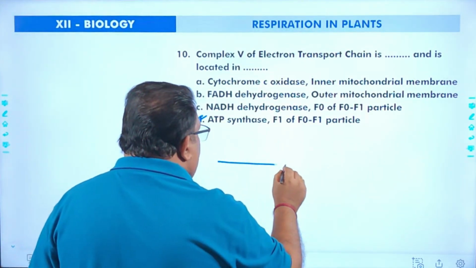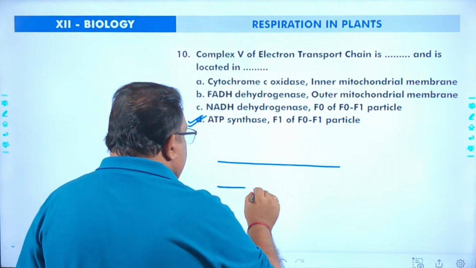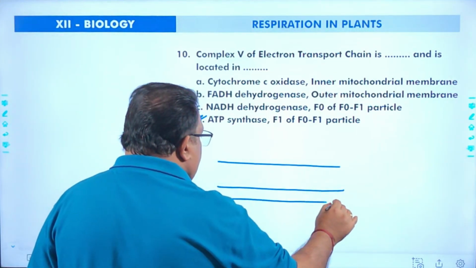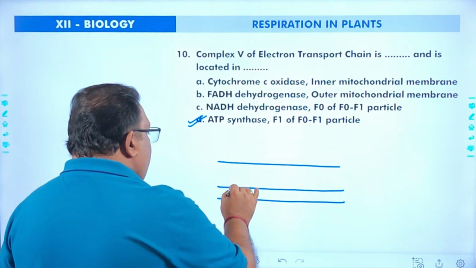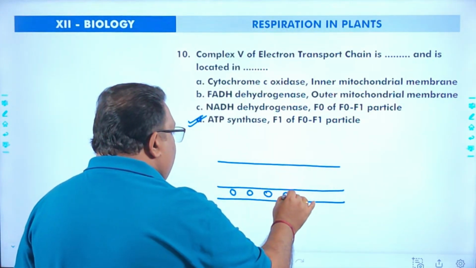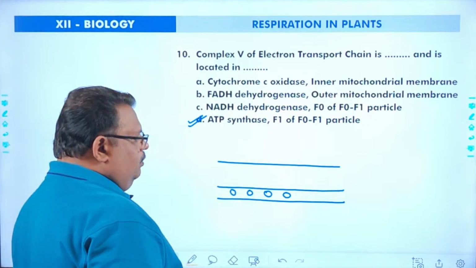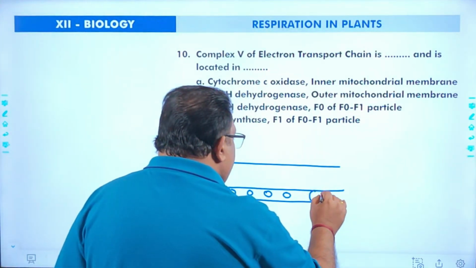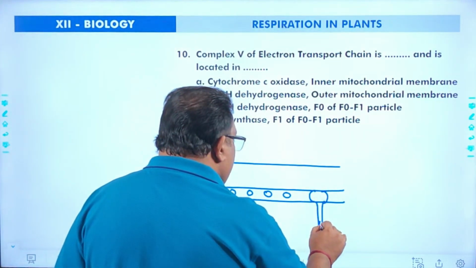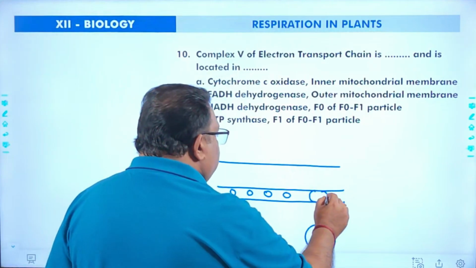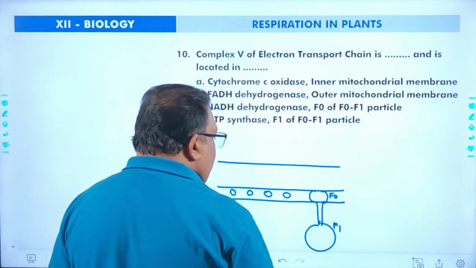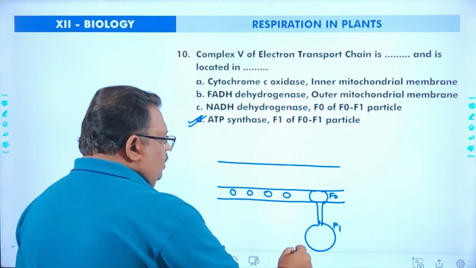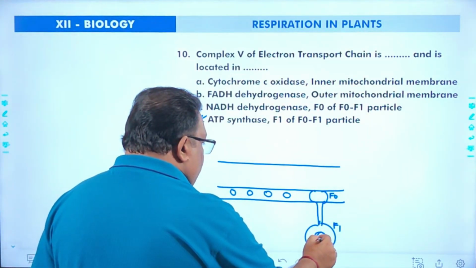So this is the outer mitochondrial membrane, this is the inner mitochondrial membrane. Okay, this is the intermembrane space. Complex 1, complex 2, complex 3 and complex 4 occur inside the inner mitochondrial membrane, and this is the F0 F1 particle. This is the F0, F1 particle, and the complex 5 is located here.